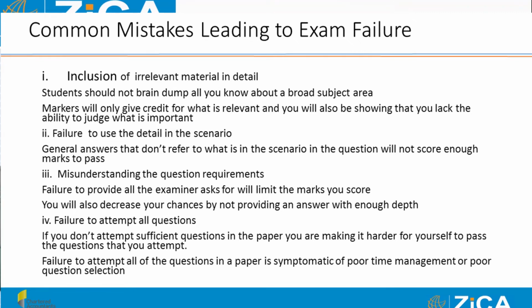Then there is failure to attempt all the questions. This is one of many problems we find that students are faced with. You would find that out of 4 questions, somebody writes 3 questions, and out of those 3 questions, you have attempted only part of them. It is very difficult then to score the full 100 marks.